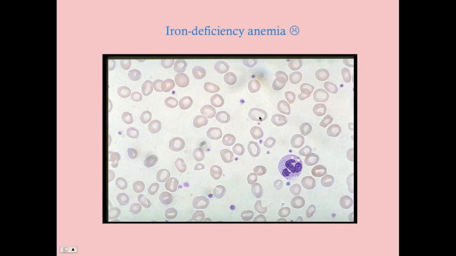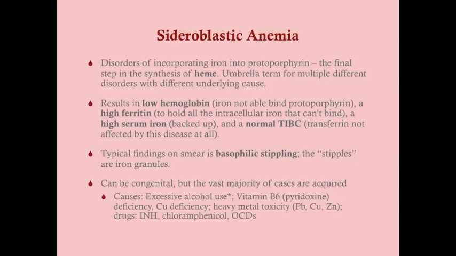There are a ton of steps in the production of heme, and you better not memorize them because you're wasting up brain space. There's like 13 steps to produce heme. The most important one is protoporphyrin plus iron equals heme. But there's a ton of steps. All of those together are called the porphyrias.